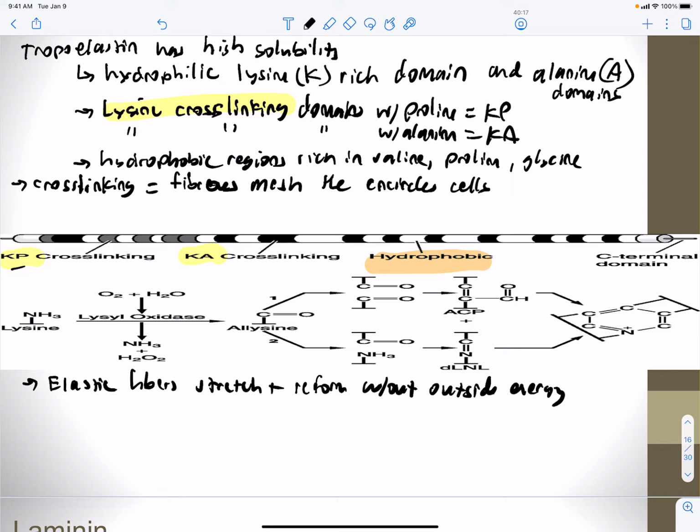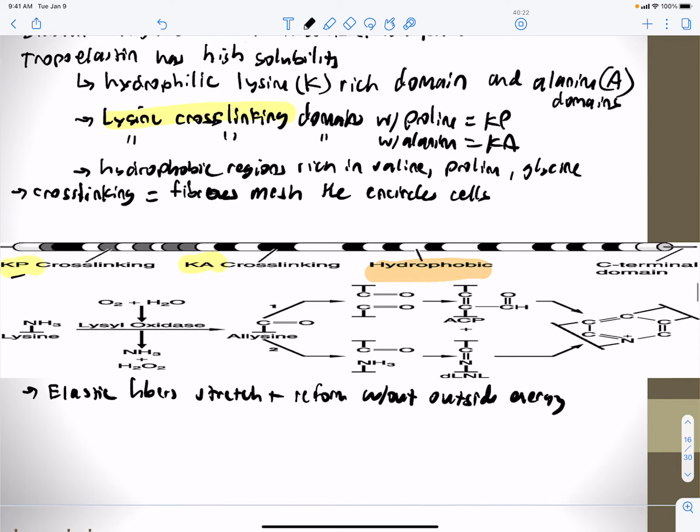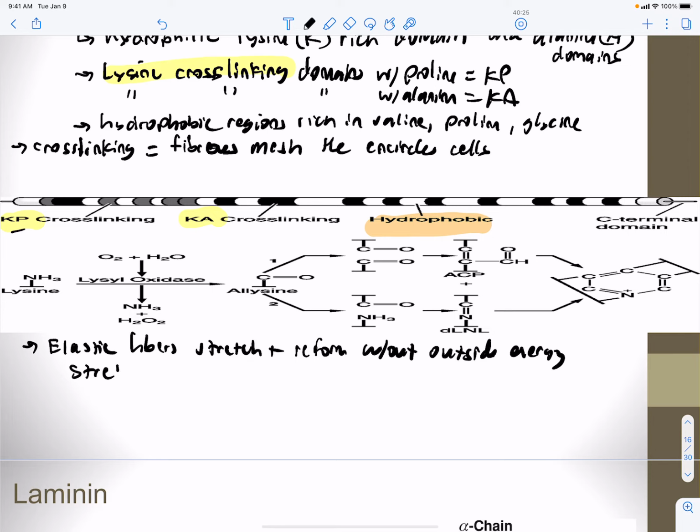So when elastic fibers are stretched, the amorphous elastin structure all gets stretched. And this is really going to expose those repeating hydrophobic regions, which is critical.